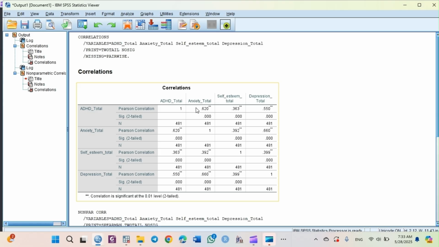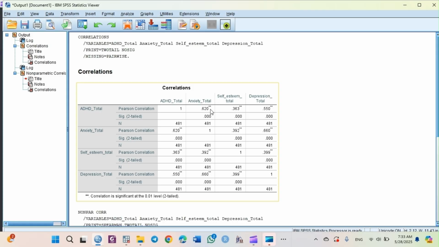The other numbers can be interpreted according to different research books. For example, according to Cohen, 0.1 to 0.29 is small, 0.3 to 0.49 is medium, and 0.5 to 1 is a large correlation or relationship between the variables.